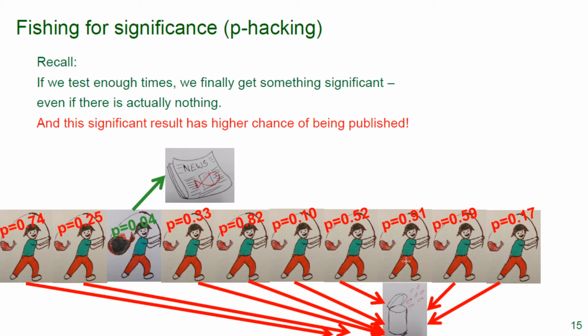That was the fishing for significance process. And now, considering the publication bias, we see that this false positive, this significant result, has a higher chance of being published. So the publication bias interacts with fishing for significance at 2 stages. On the one hand, the publication bias encourages people to fish for significance to get published. On the other hand, once people have fished for significance, publication bias amplifies these false positive results.